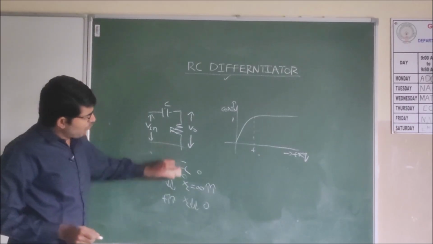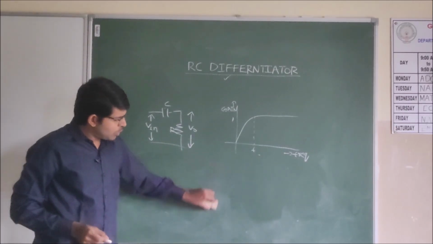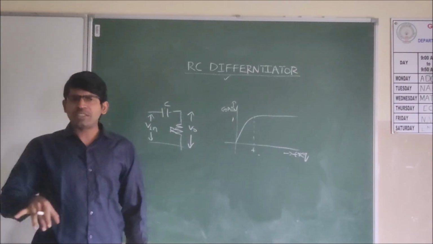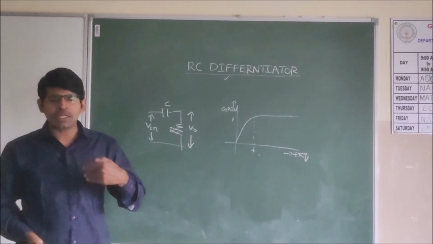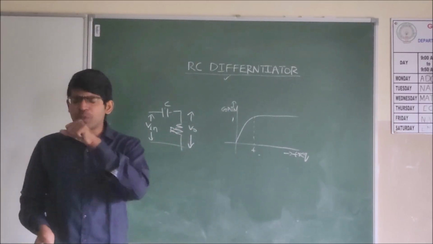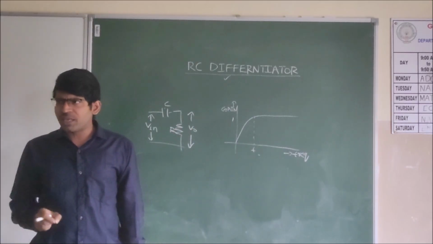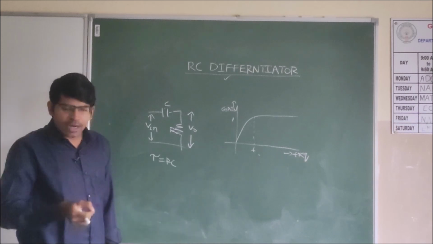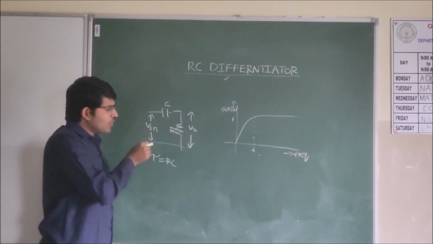But now we want this circuit to be operated as a differentiator. There is no doubt this circuit is a high pass filter, but when this high pass filter will differentiate my input signal, there is a particular condition for performing the differentiation.